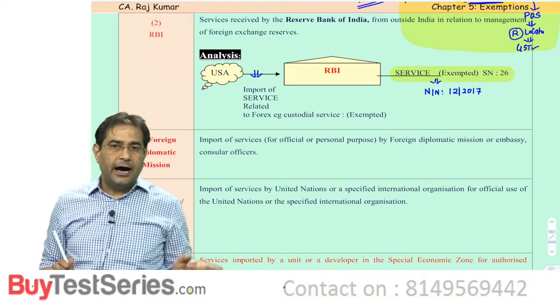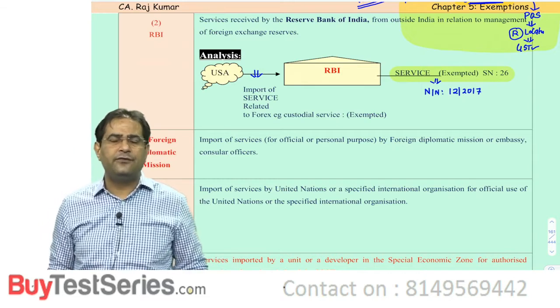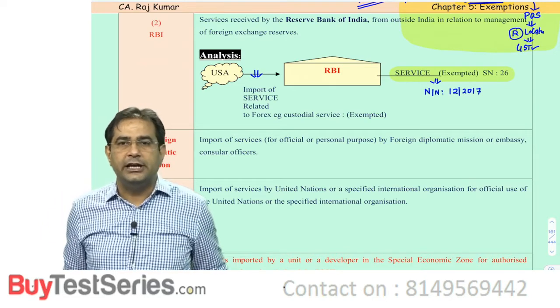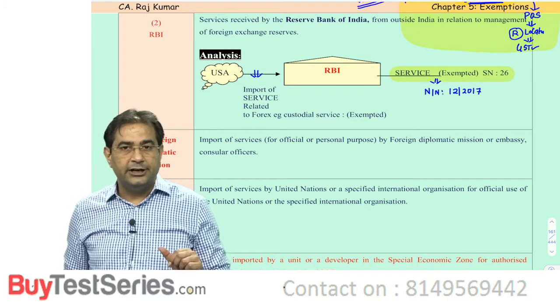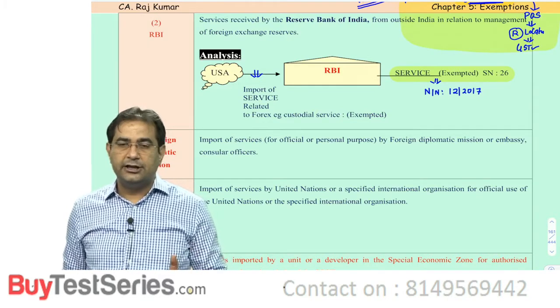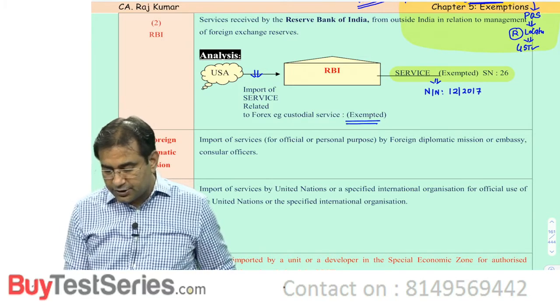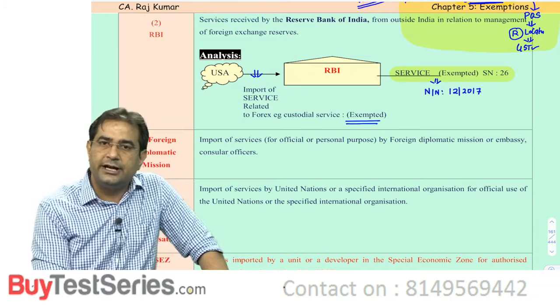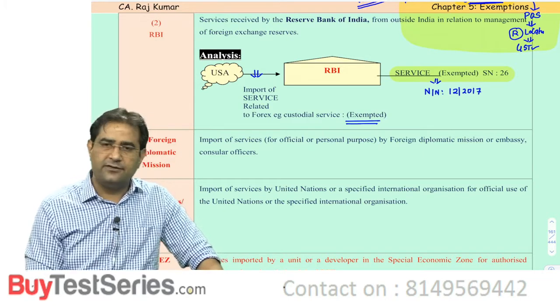If RBI imports services with respect to forex, suppose custodial services, any kind of import of services related to foreign exchange, that will also be exempted from GST. Suppose it was not exempted from GST, then what would be the consequences thereof?